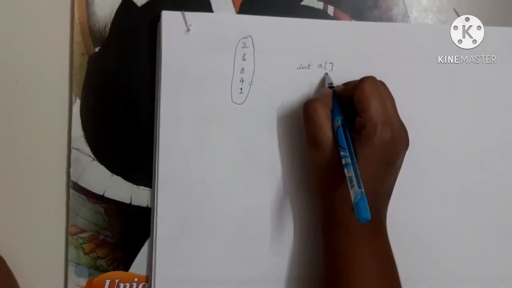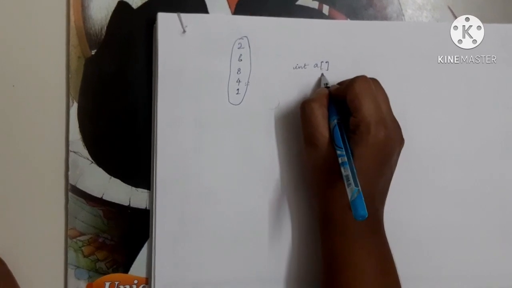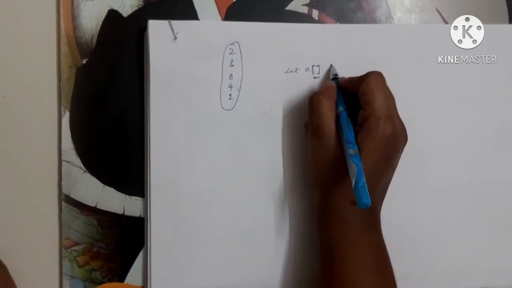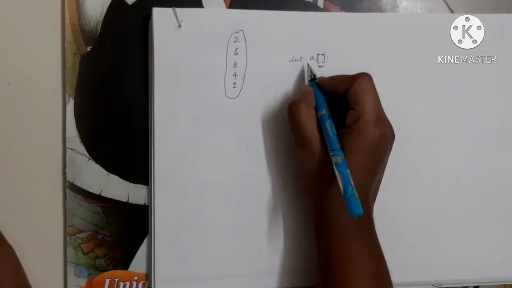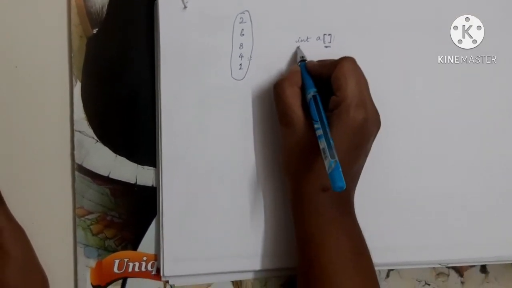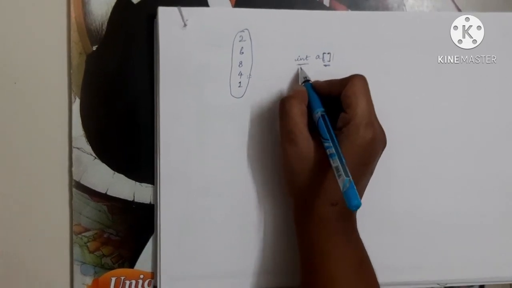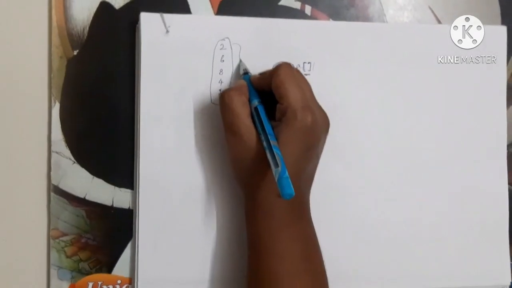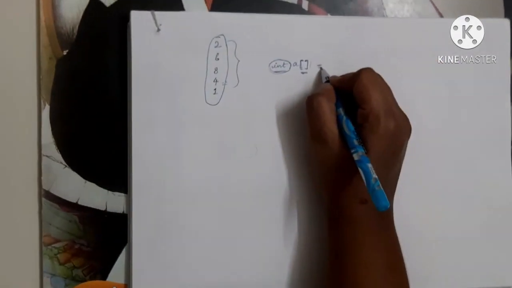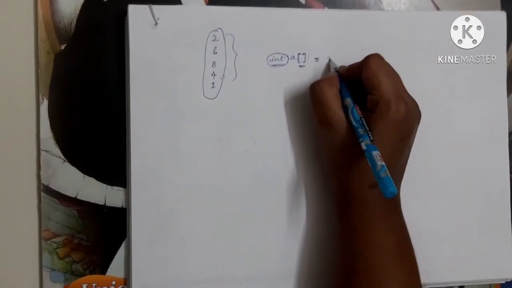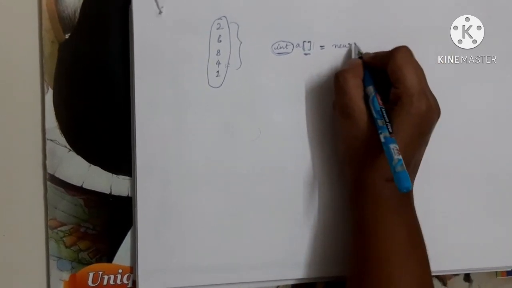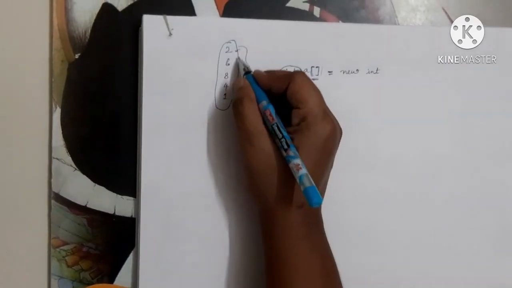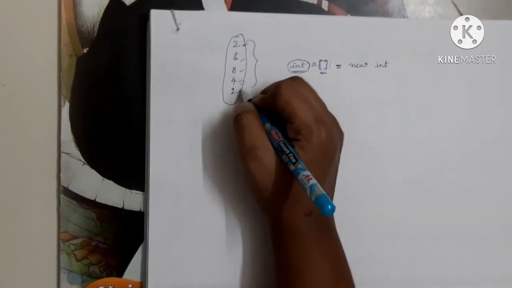Since it's a one-dimensional array, we'll take only one bracket. If it's a two-dimensional array, we'd specify two brackets, and as I said, the data type should be the same throughout. The data type I am taking here is int, as these numbers are integers. So int a equal to new int, as we are giving an input, and the number of integers we have here is 5.